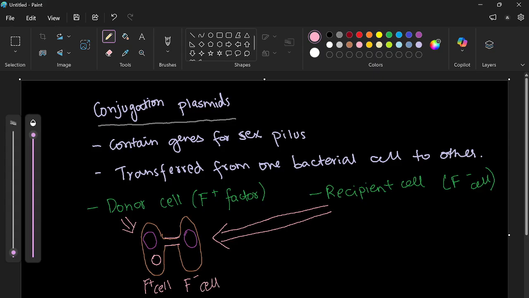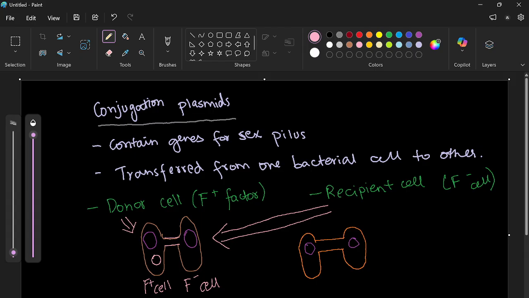So what will happen when these two come in close contact? What will happen next is that, so I'll be drawing this one again here. So I'll be just increasing the size just to show you all. Okay, so this is the normal chromosome and this is the plasmid one.